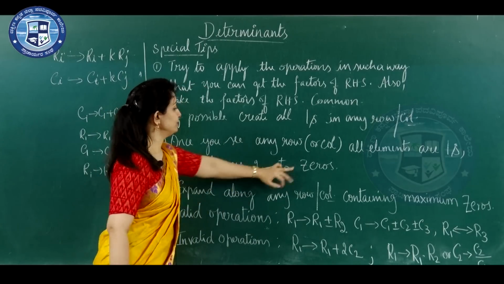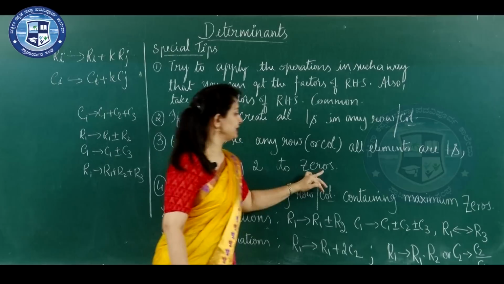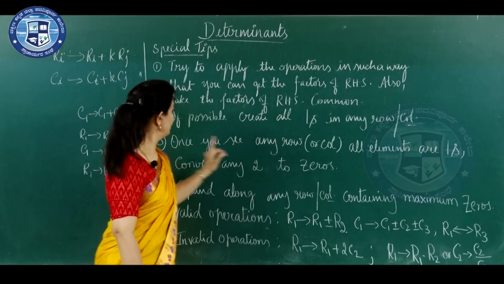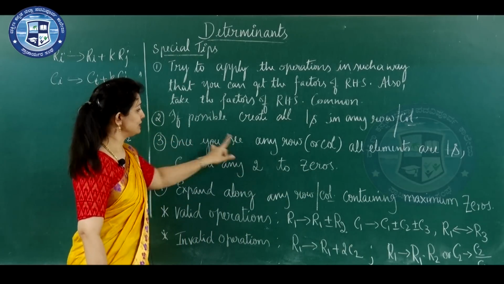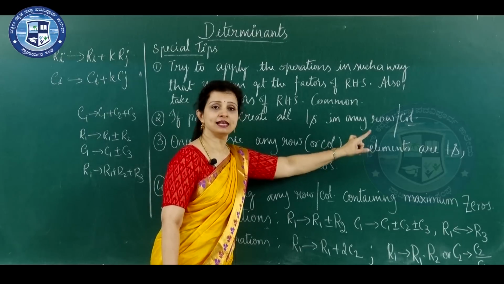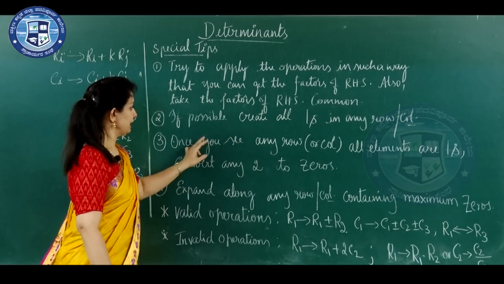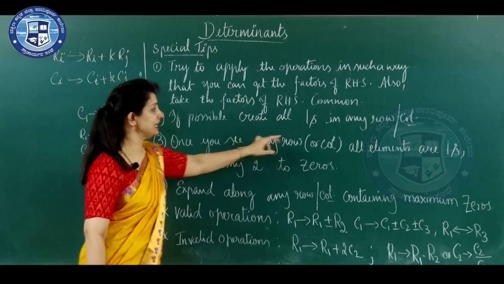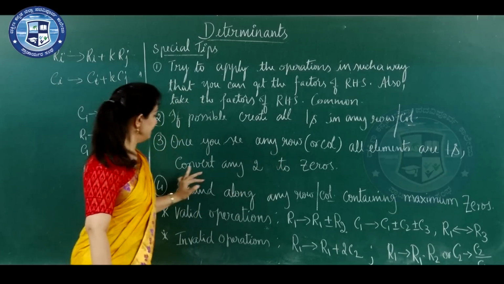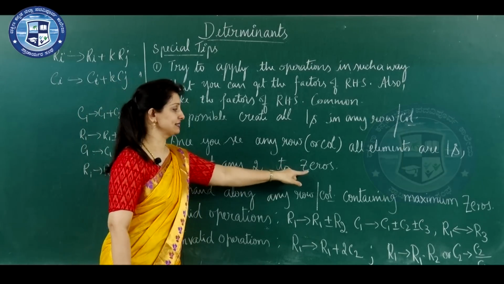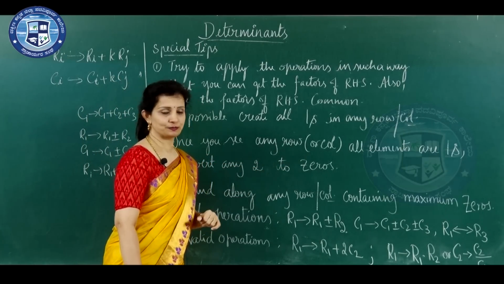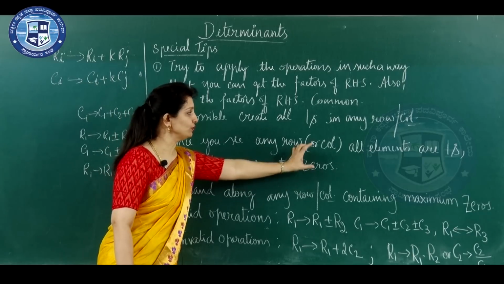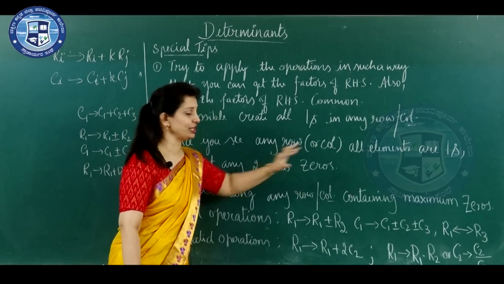So the third point is, once you see that each element of any row or column is 1, convert any two of these ones to zeros.